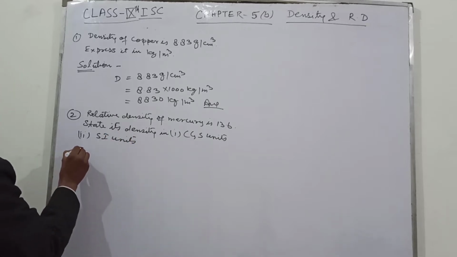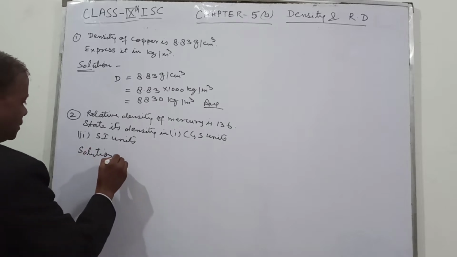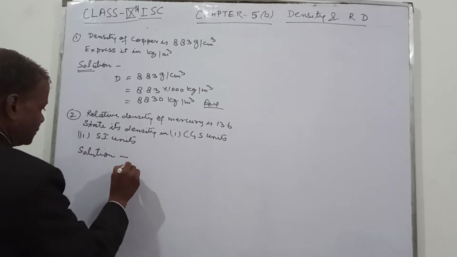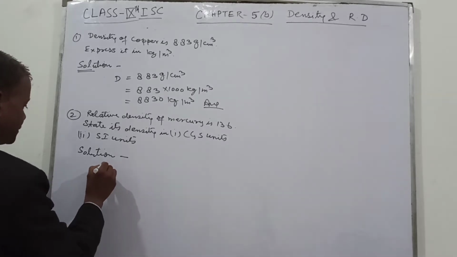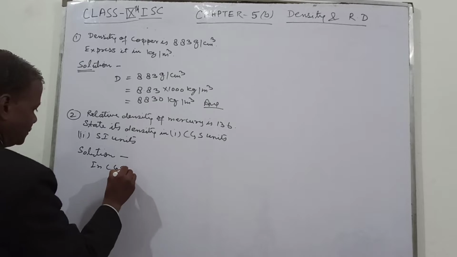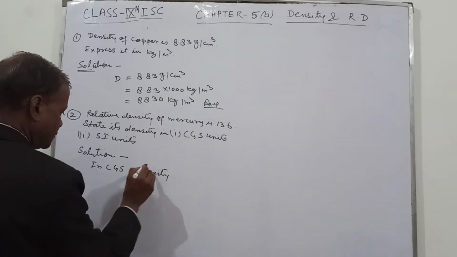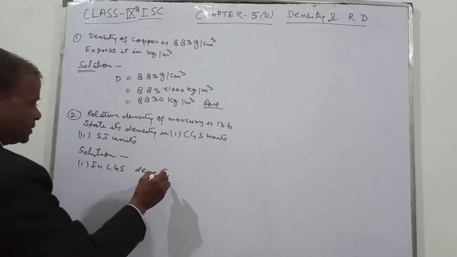So now the solution to this one is that in CGS, density, this is now the first answer.